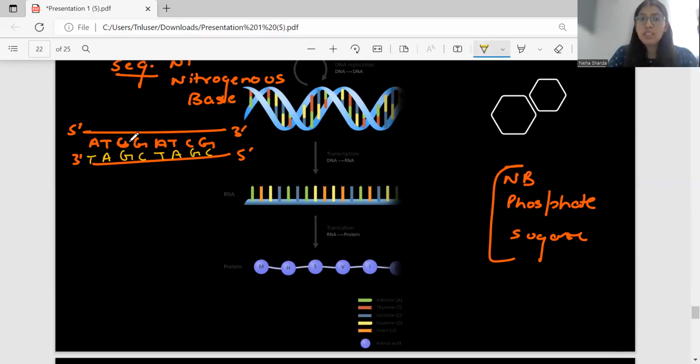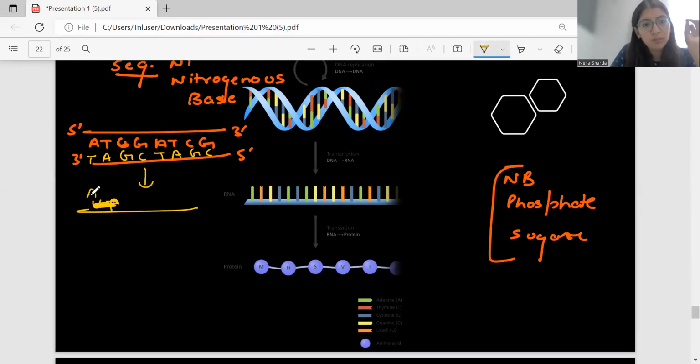This sequence will decide what the sequence of RNA will be.